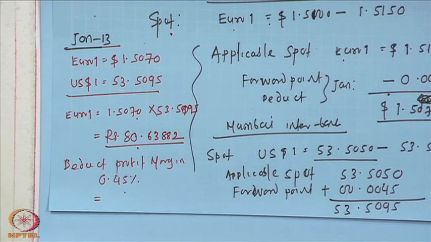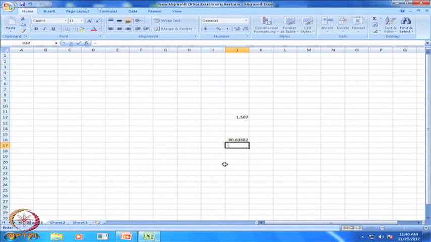So, how much is coming here? 80.6382 into 0.45 percentage, multiply that and subtract it, and you will get this amount.